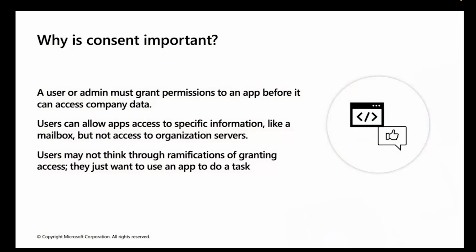A user or admin must grant permissions to an application before it can access your company's data, user information, group information, and many others. Users can allow application access to specific information like a mailbox, but not access to the organization's servers.